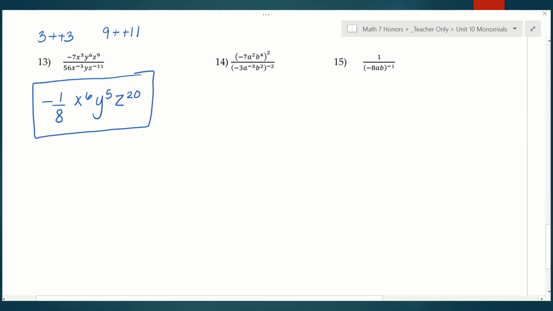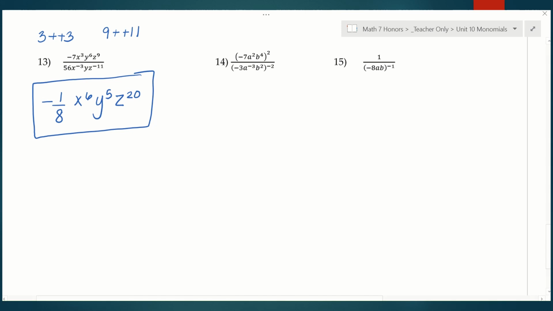Okay, number 14. So I think what we should do here is our trick where we take the denominator and move it into the numerator, and we make that -2 into a +2.